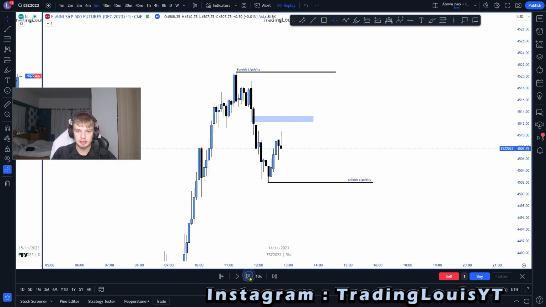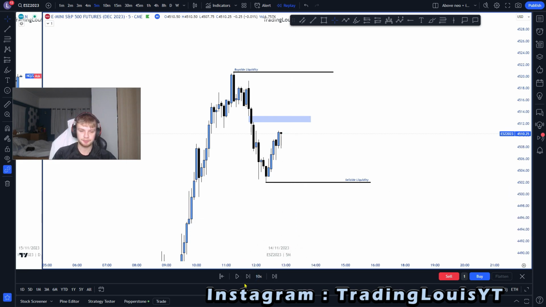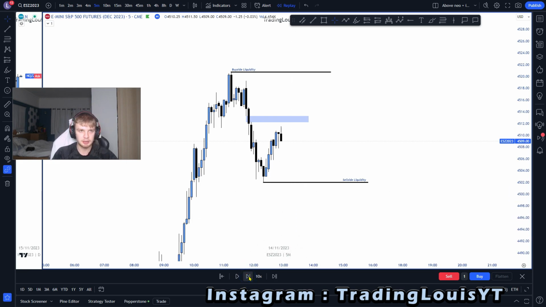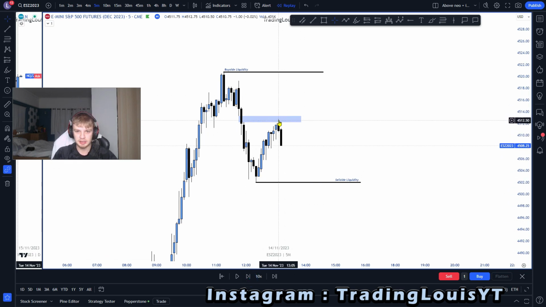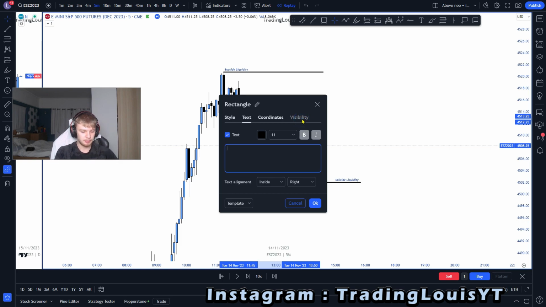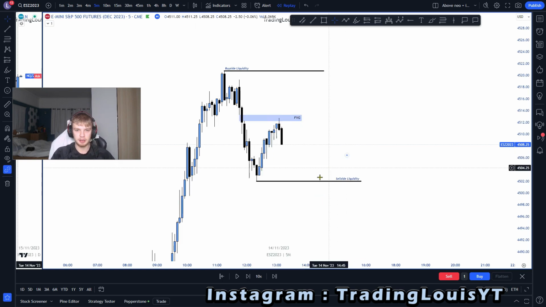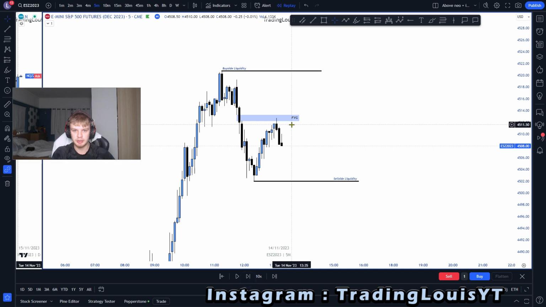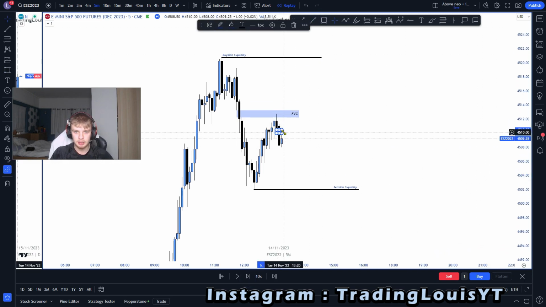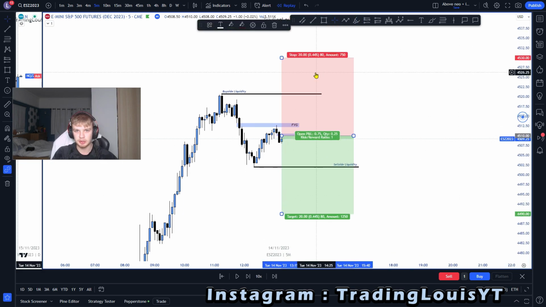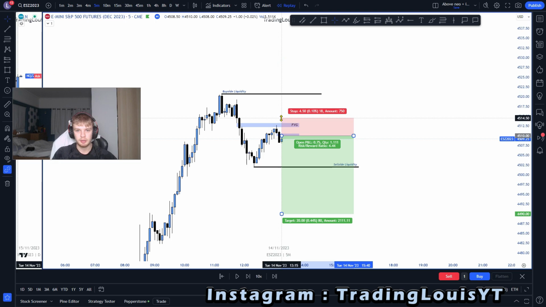I was waiting to see if there were any clear trades to take, but there wasn't in this. So I just waited to see how price reacted off this 5-minute bearish fair value gap. And as you can see, price taps it once but doesn't offer a trade. We did have this fair value gap here, but I did not enter into this trade just because I wanted more confluence.